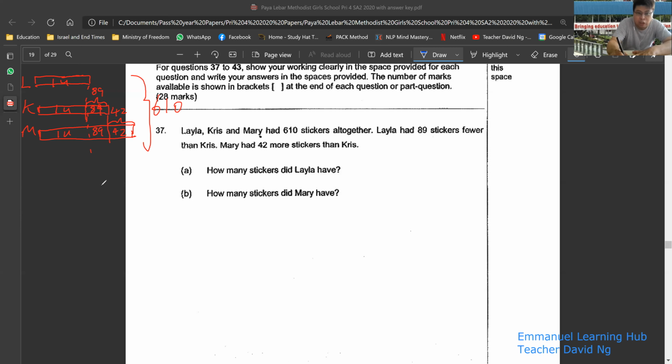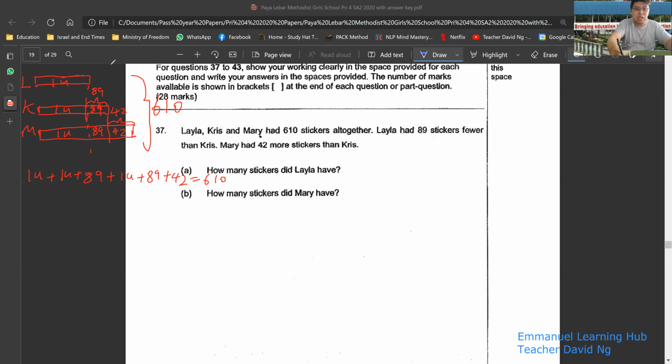Based on the model you have drawn, do you agree that 1 unit for Layla plus 1 unit plus 89 plus 1 unit plus 89 plus 42 equal to 610? You agree, right?